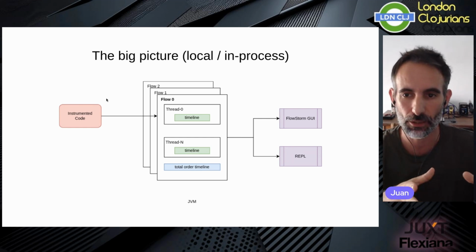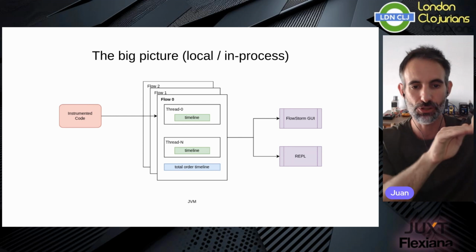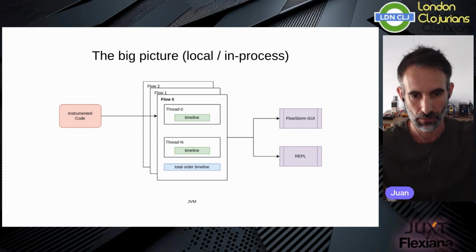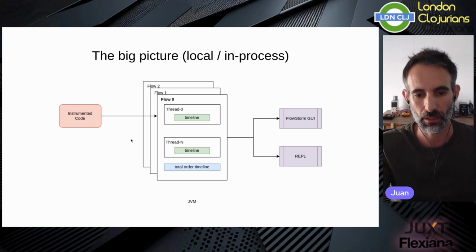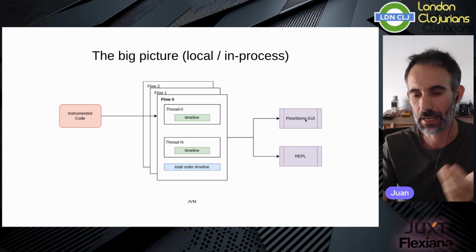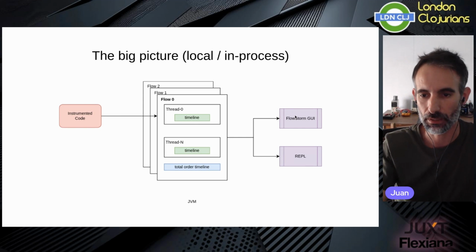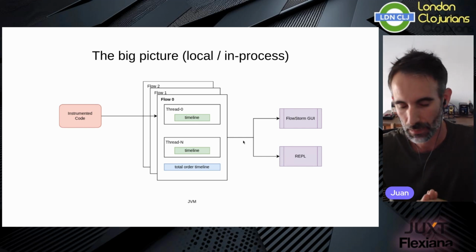It's called instrumented code because this code will be a little bit modified, so it will generate traces as it runs. Then we are going to record all those traces. And after we have all those recordings, we can analyze them from the user interface or via the REPL programmatically.